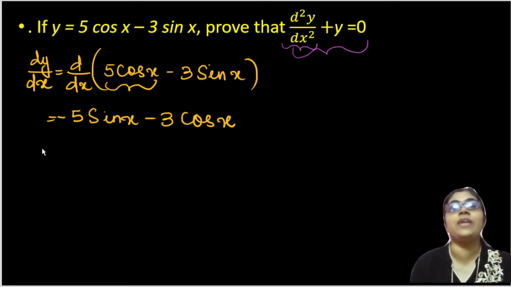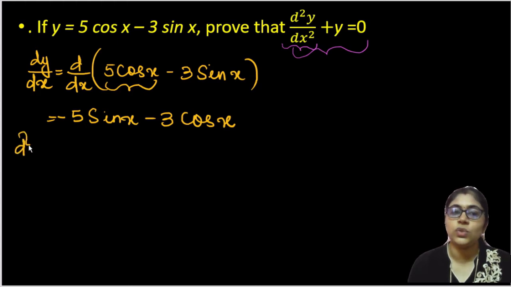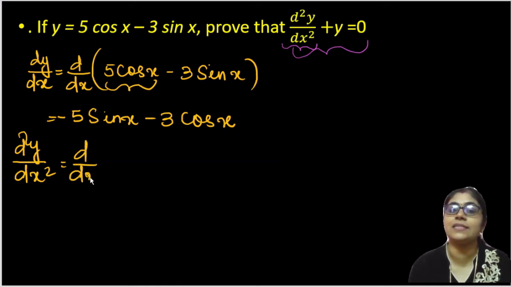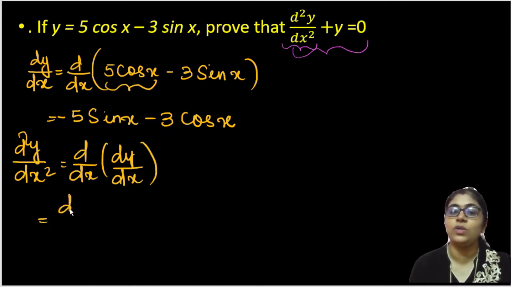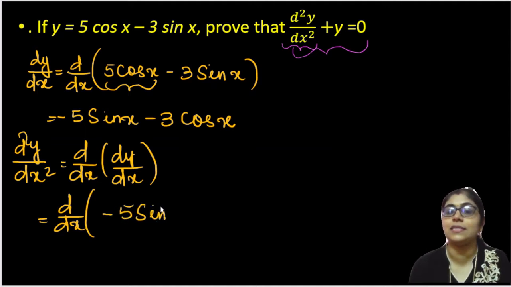Now again we have to find the second order derivative. So d square y by dx square is equal to d by dx of dy by dx. So this is equal to d by dx of minus 5 sin x minus 3 cos x.